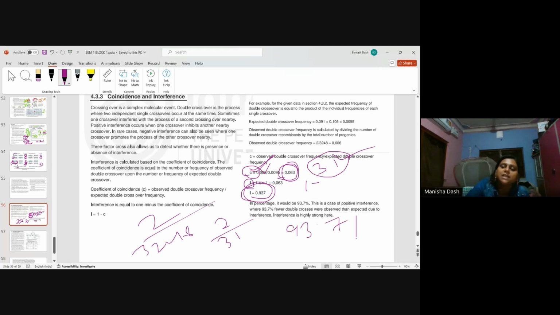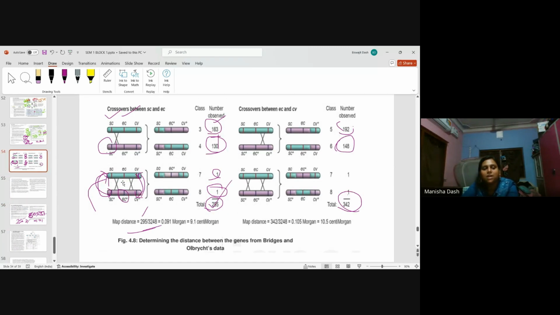So what is actually interference? Now interference is that when 2 crossovers are happening, the first crossover is having an inhibitory effect on the second crossover. Okay, so if we go back to this slide, as you can see here, 2 crossovers are happening simultaneously. So the first crossover is actually having an inhibitory effect on the second one.